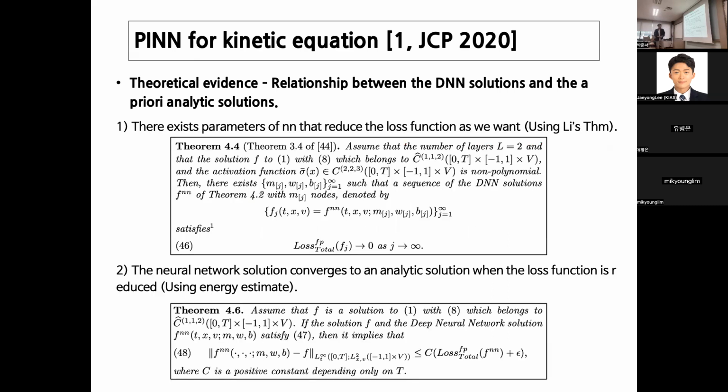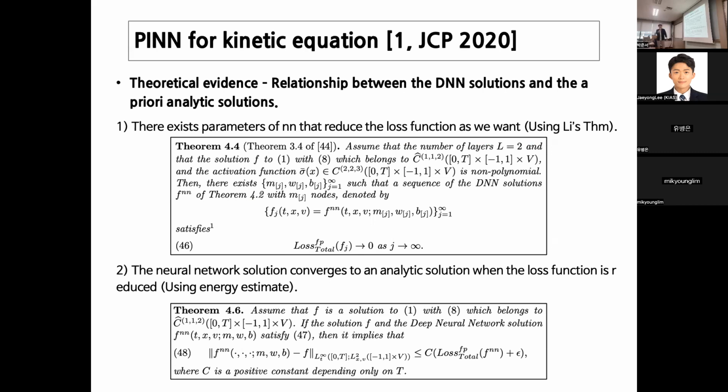And using this theorem, I want to show the convergence in two steps. First, I want to explain the loss functions. In the first step, I want to show that there exist parameters of the neural network, called weights and biases, that reduce the loss function as much as we want, because the loss function is just the residual of this equation, boundary conditions, and initial conditions.